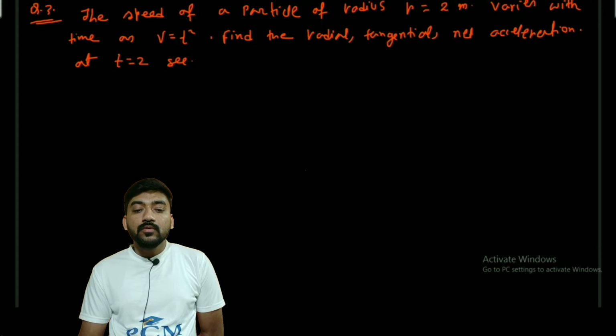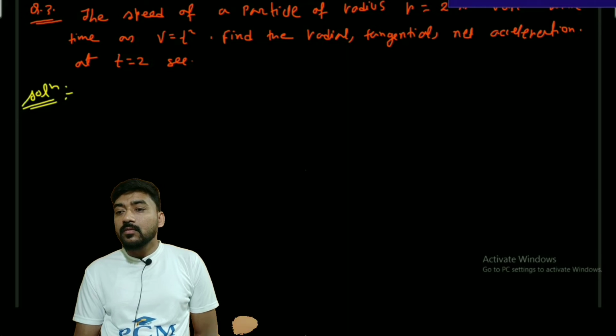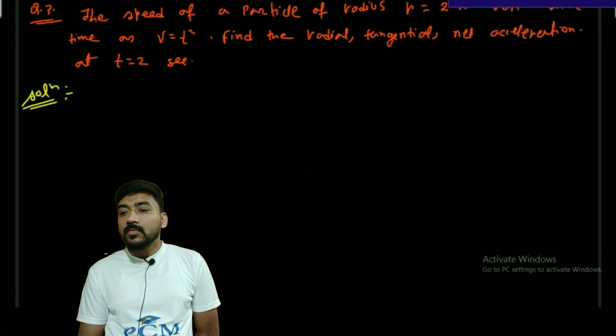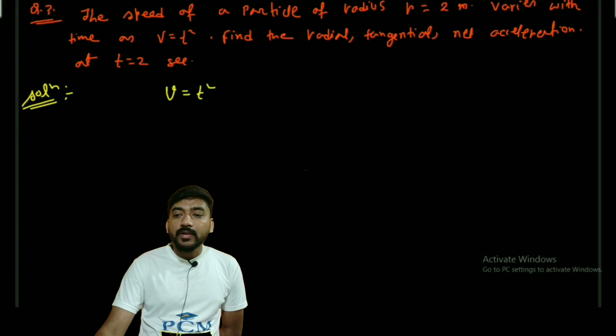Okay, so what will be the solution? So here v is given, that means v is equal to t square. This is given.